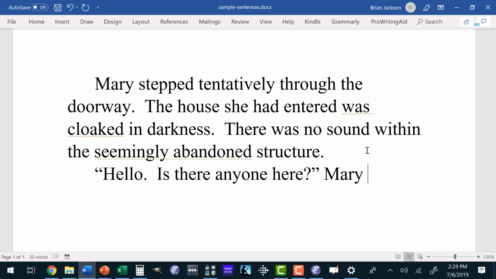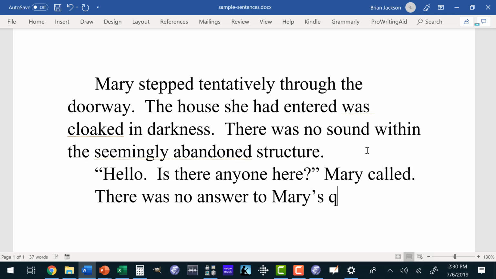Mary called. So whenever you have dialogue, or you start a new set of thoughts, you break into a new paragraph. And we're going to learn that in the next lecture. Now we break into a new paragraph because that's all the dialogue. There was no answer to Mary's query.